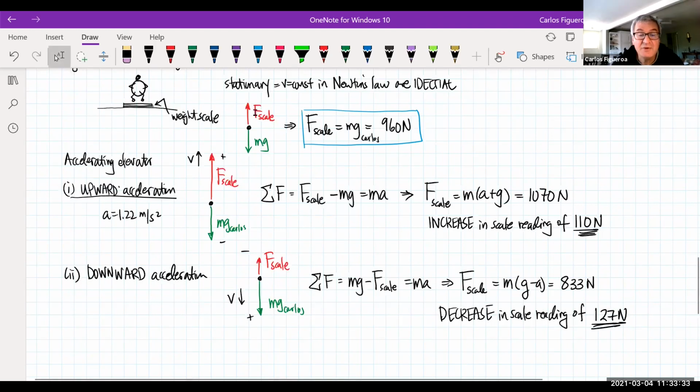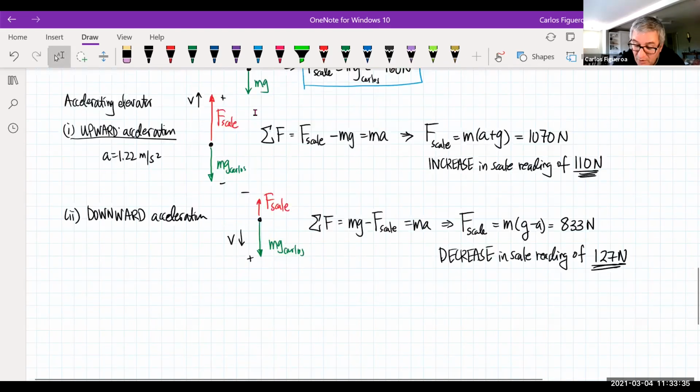That means you have to apply a smaller force in order to keep Carlos accelerating downwards at that value.